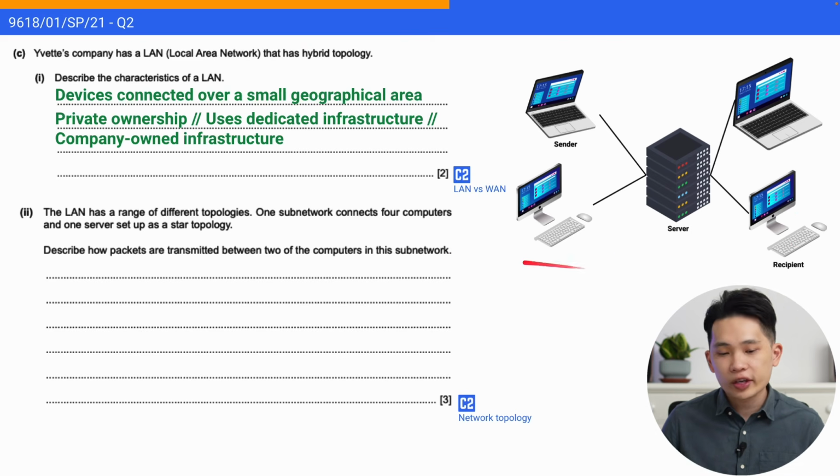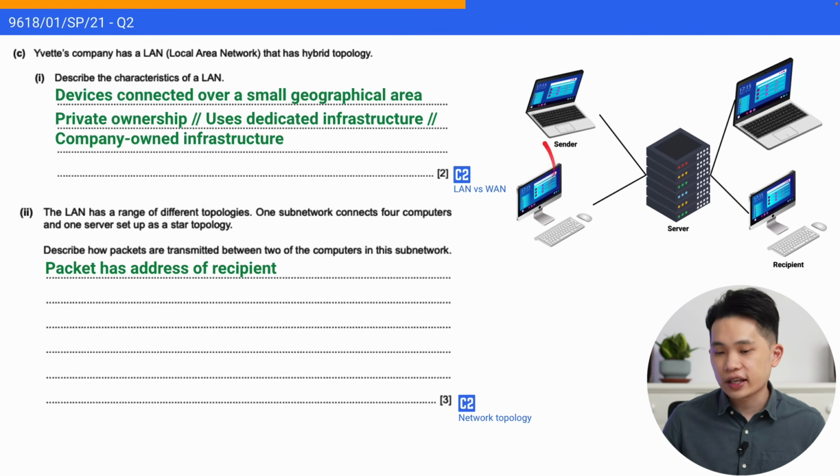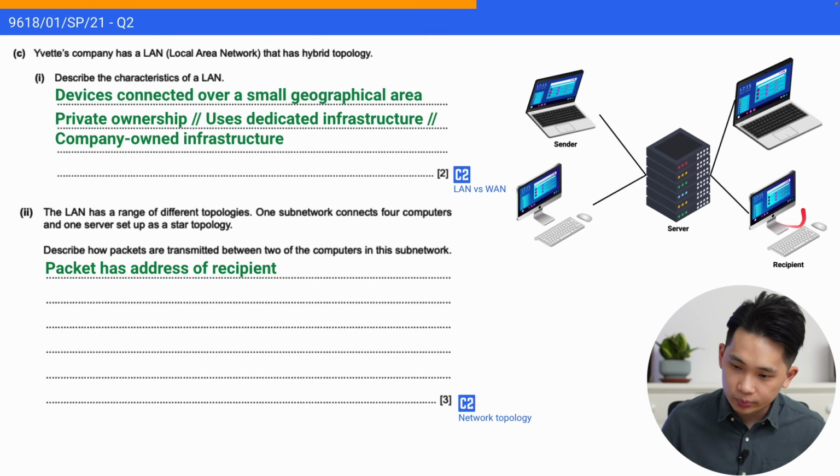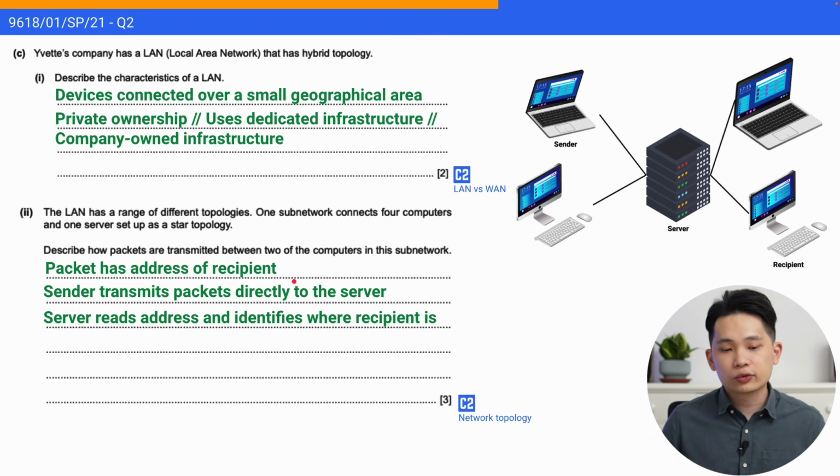So first of all, we can just write something like this. We can write packet has address of recipient. It means that when the sender sends a packet, it will contain the address of this recipient here. And then we can write sender transmits packets directly to the server based on this diagram here. And next will be server reads address and identifies where recipient is.